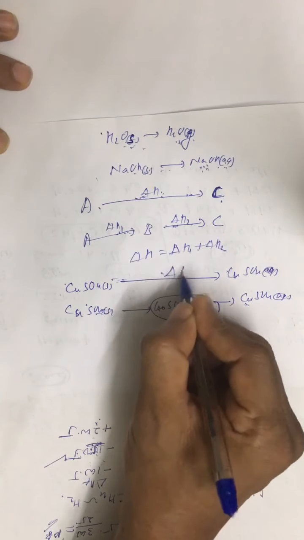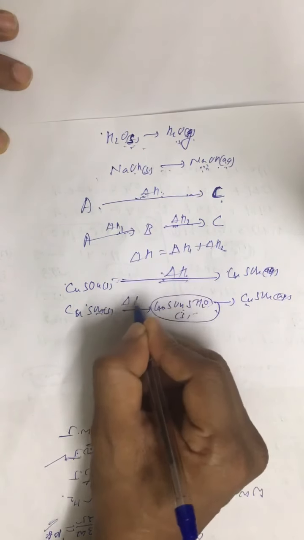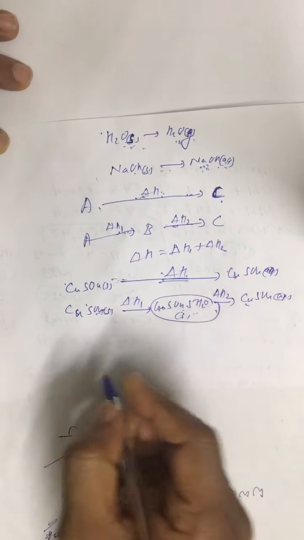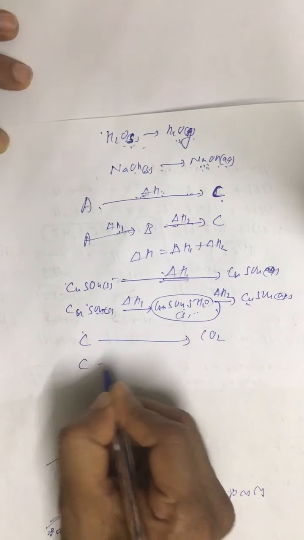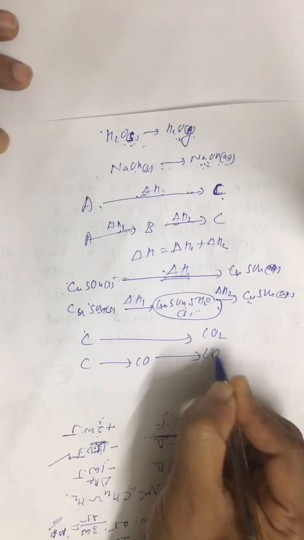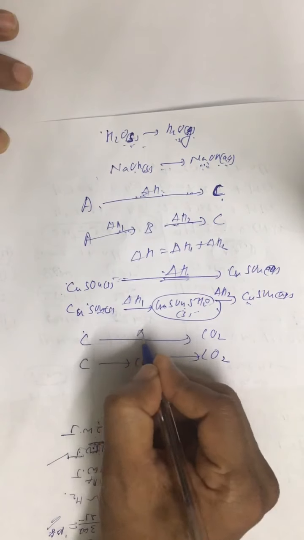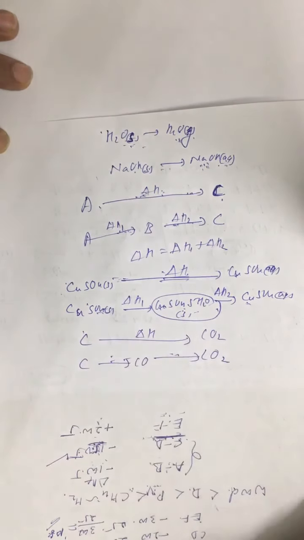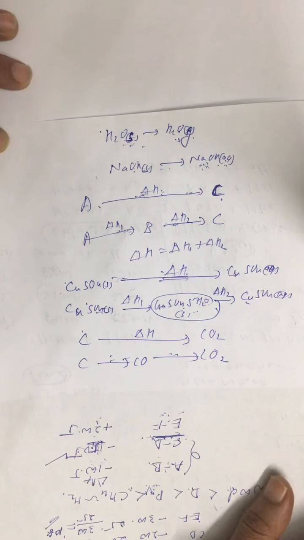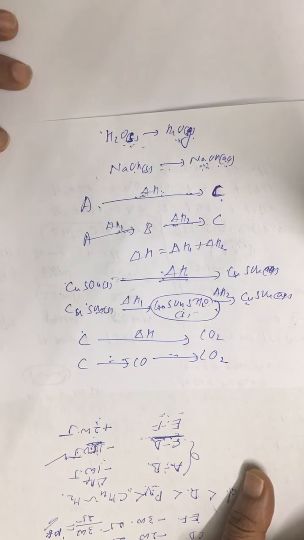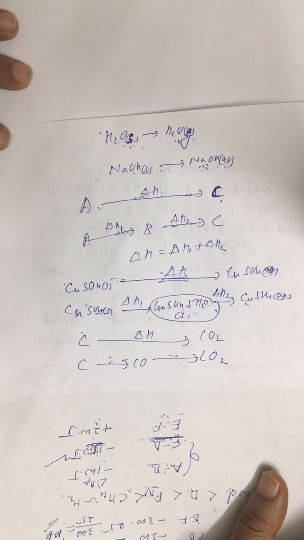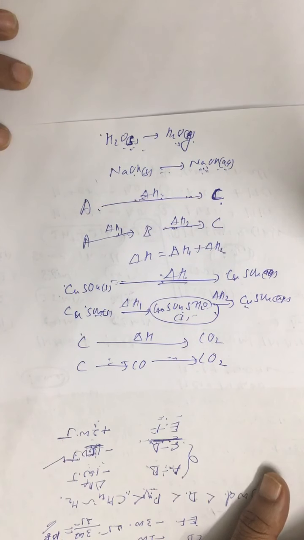So you can say that delta H is the sum of delta H1 and delta H2. Like carbon is completely converted to CO2, or carbon is converted to carbon monoxide and then to CO2, delta H is the sum of these two processes. Like that you can solve any numerical based on this. Let us discuss some numericals in the next section.